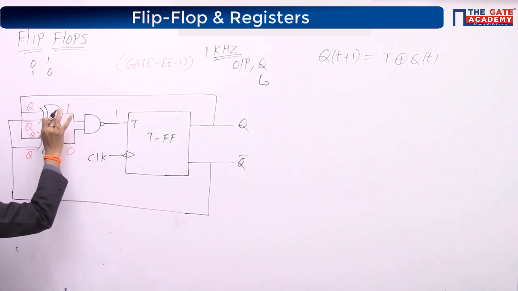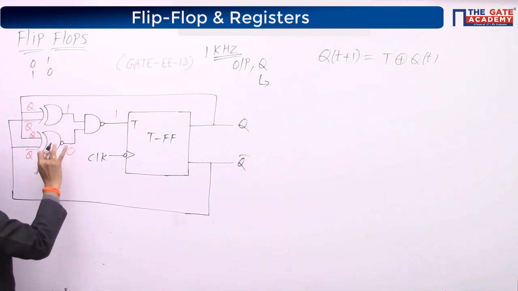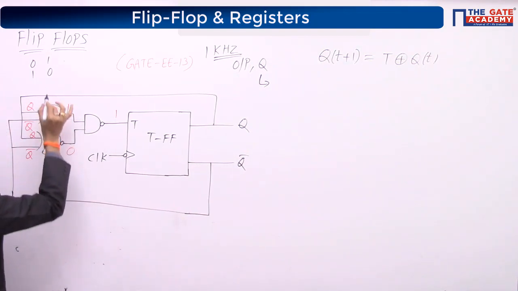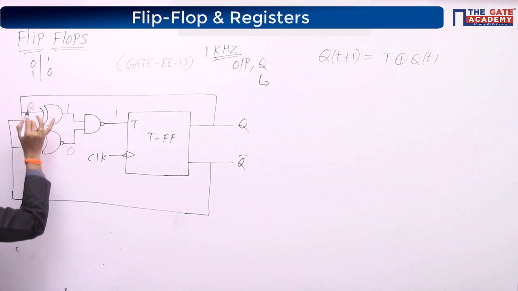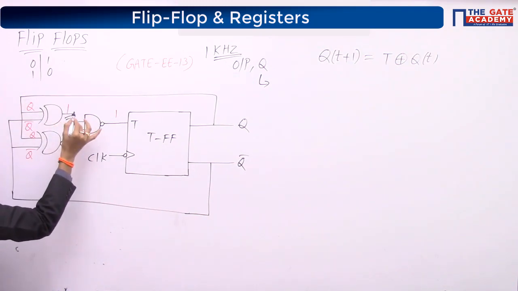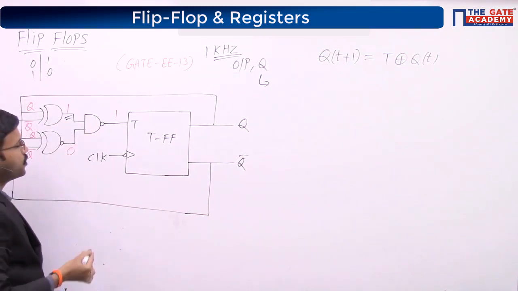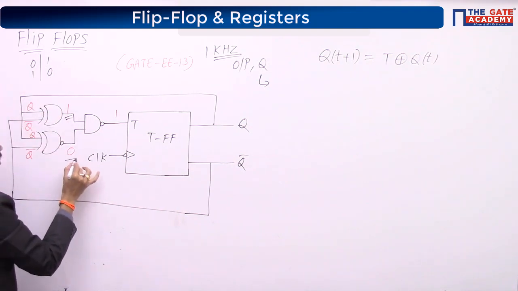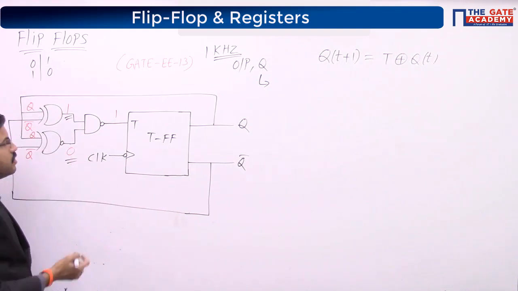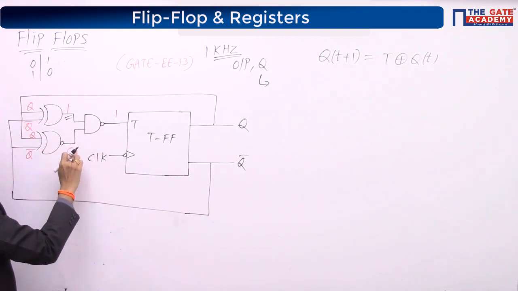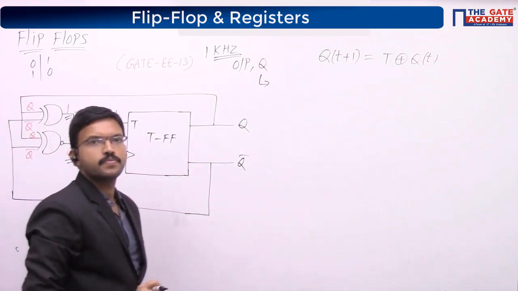Exclusive OR gate and exclusive NOR gate are complements of each other. For these two combinations, the 0 1 case or the 1 0 case, the exclusive OR gate will produce output 1, and for those two combinations, here you will get output 0. Here, NAND gate, one of the inputs is 0, so the output will be 1.